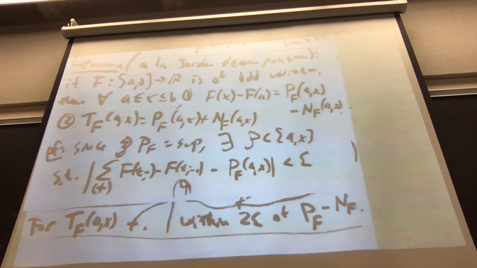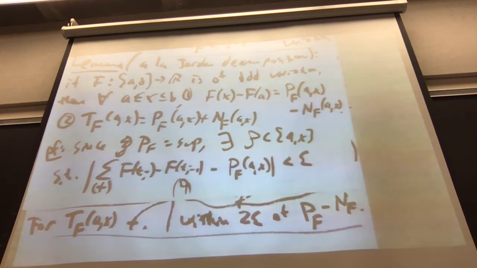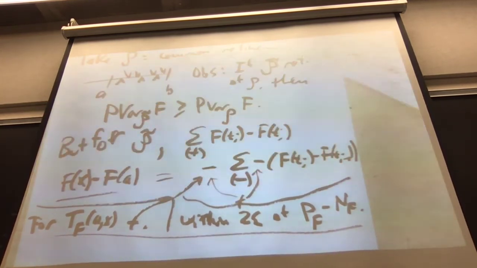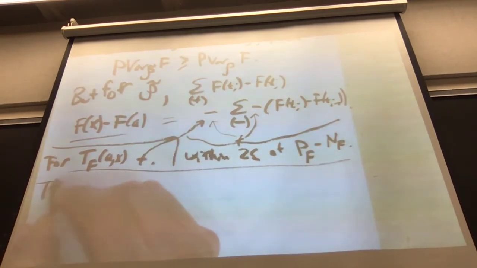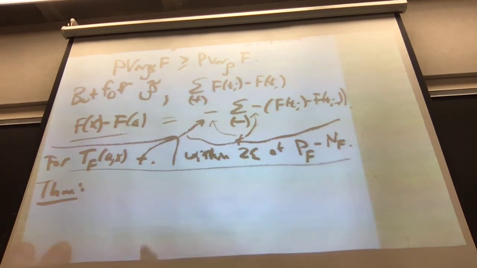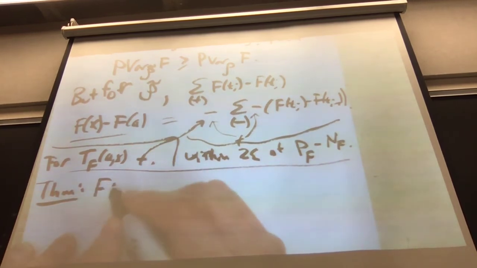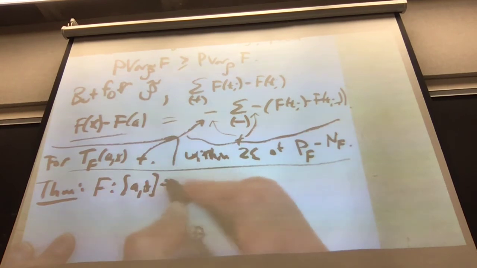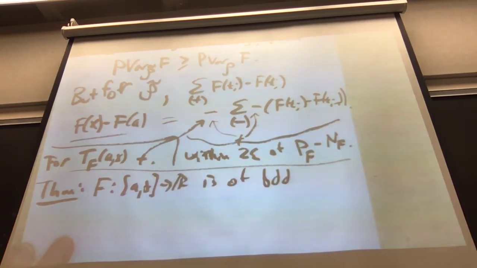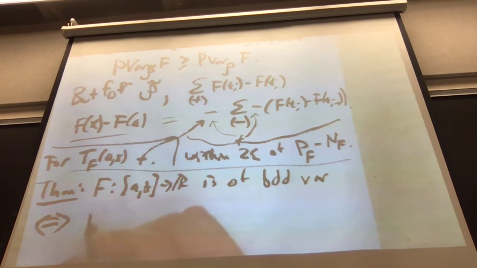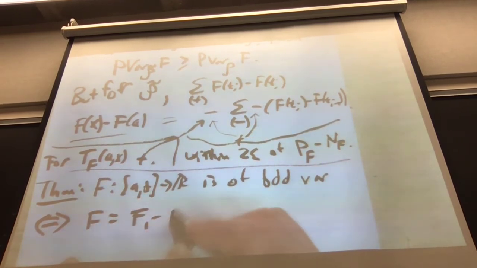That's this lemma, in a sense, which I will state now as a theorem. So, theorem, let's say it like this: f from a b to R is of bounded variation if and only if f is the difference of increasing bounded functions.